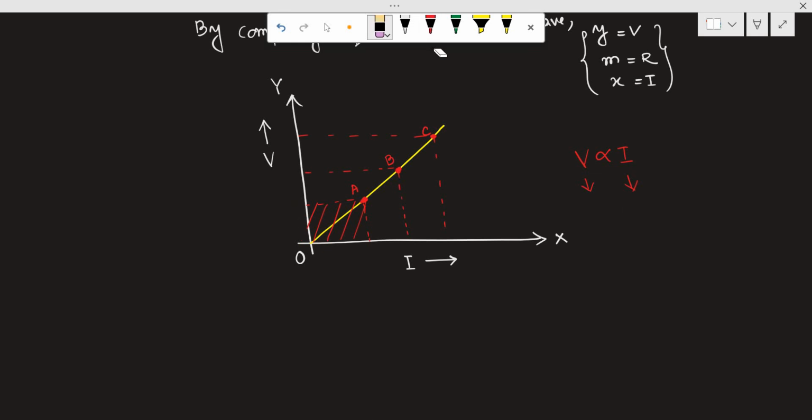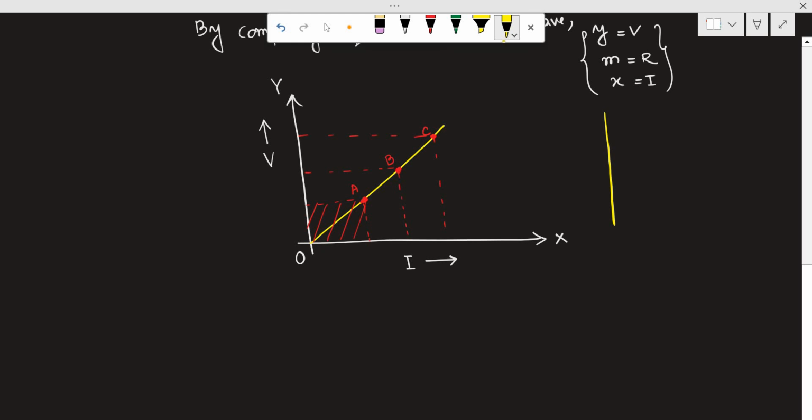So during examination, when writing in the answer script, you need not label like this way. You just simply draw the curve in this way. I am doing this only for examination purpose.